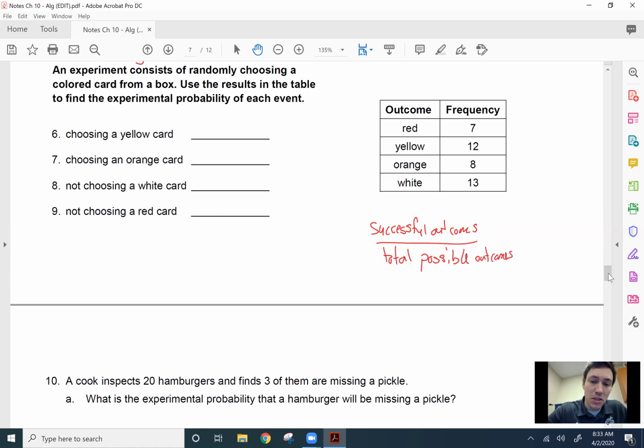That's what probability is. So let's look at the total here. When I add all these up, 13 plus 12 is 25, plus 7, plus 8 is 40.